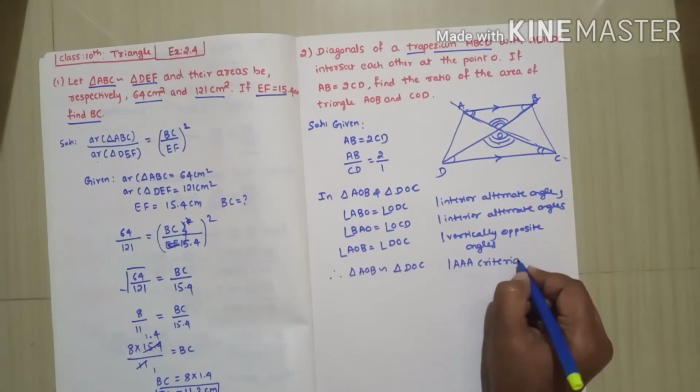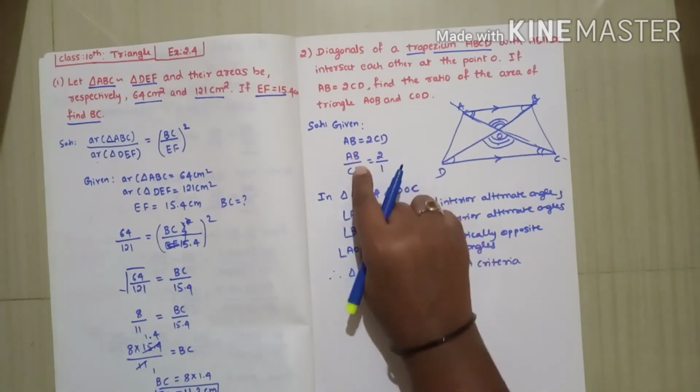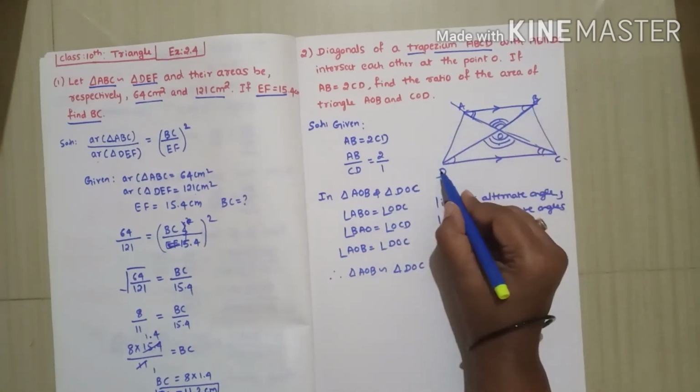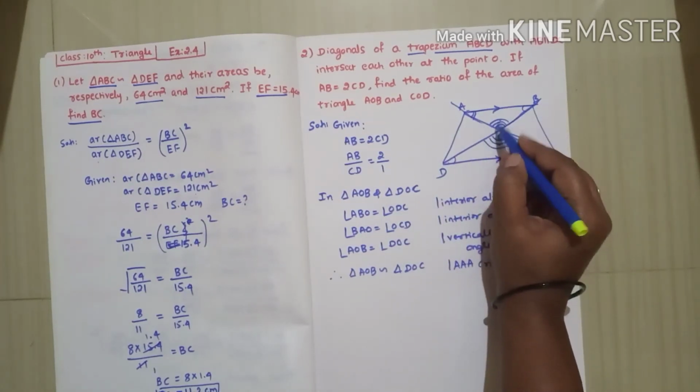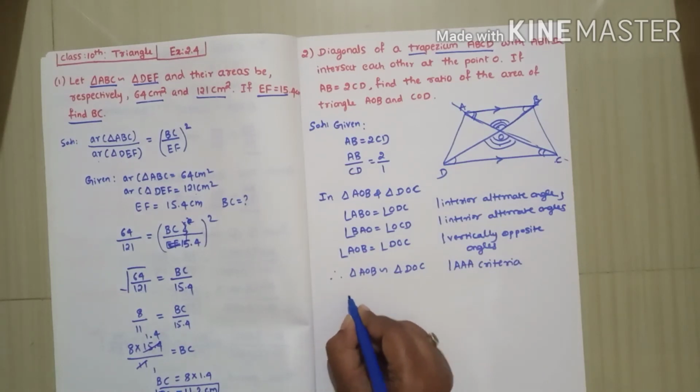If you prove these two triangles are similar, we can apply the areas of similar triangles theorem. Here AB and DC are corresponding sides, no? Opposite of corresponding angles are there. Therefore now you apply the theorem.